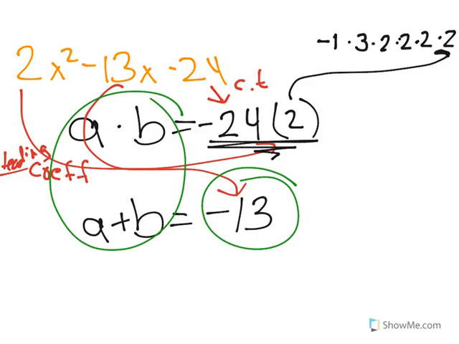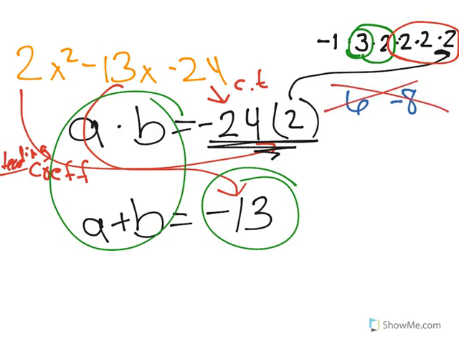In this case, let's say we group 3 and 2, and then group these three 2's together. So we are left with 6 and 8, and the bigger of the two must be negative. So we have negative 8 and 6. Adding them together doesn't give negative 13, so this must not be right. So let's try having 3 by itself, and grouping the four 2's together.